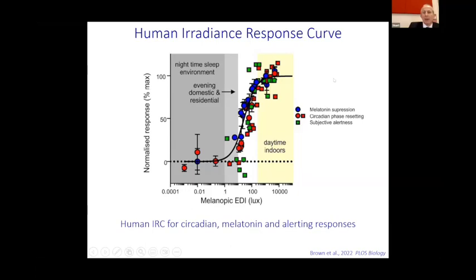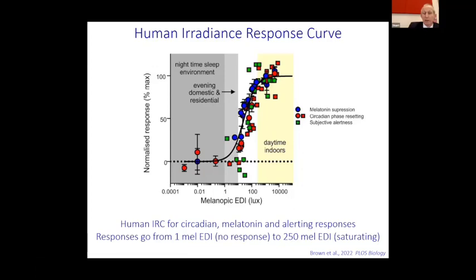Based upon this, you can provide an indication of what the levels of light should be: daytime indoors should be around 250 melanopic lux, so you're up here on this curve; pre-sleep, you want to be below 10 melanopic lux; and at night when you're sleeping, below 1 melanopic lux. This is based upon trying to minimize known biological effects.